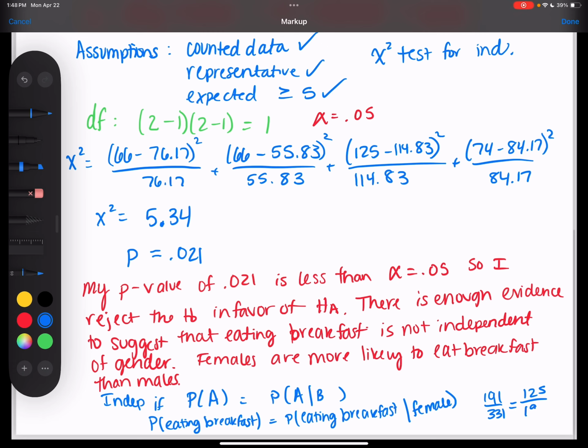And if you do that, 191 over 331 was 0.577, and 125 over 199 is 0.628. Those are not equal, so they are not independent. So that's another way that you can show independence as well.